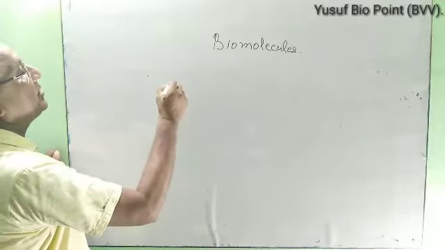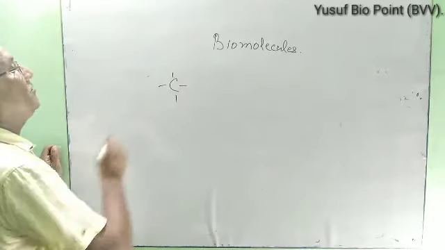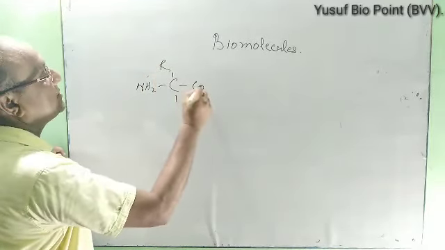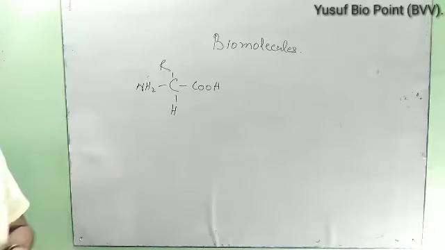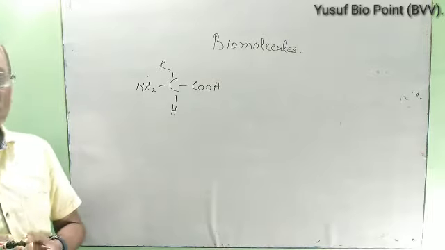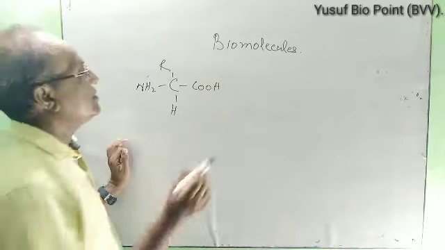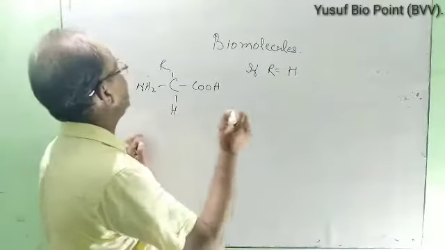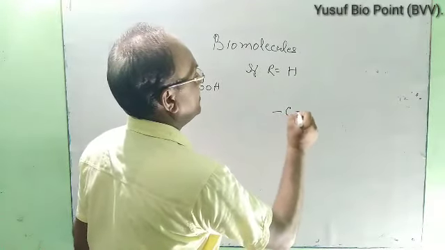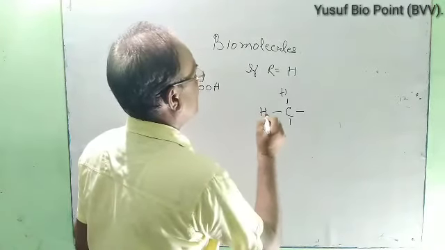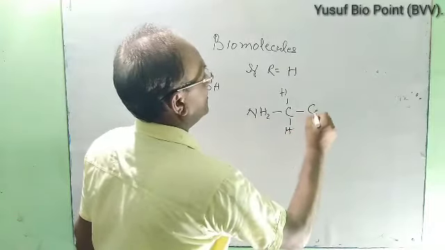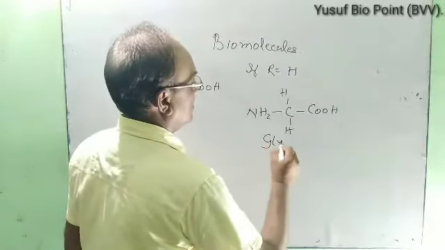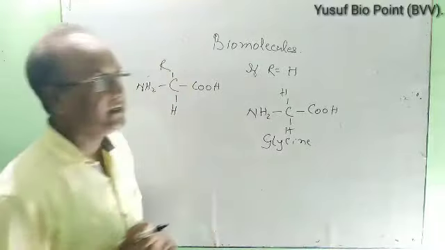Thus I have seen that functional group, that is the next. This is the normal general formula of amino acid. If the alkyl group is H, that formula will be such type, and that name is glycine.